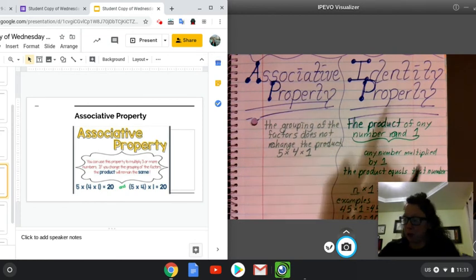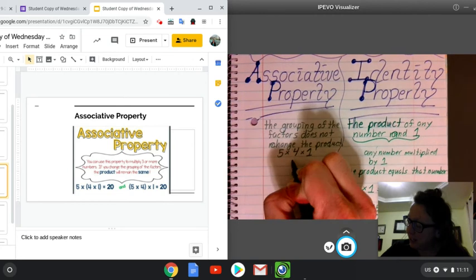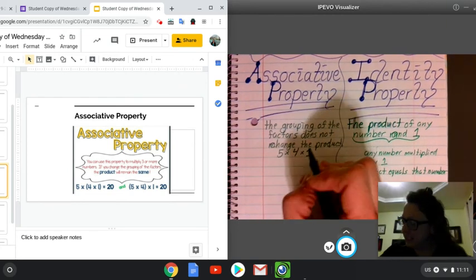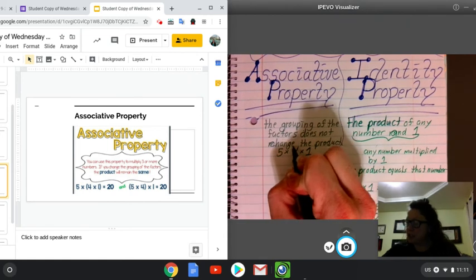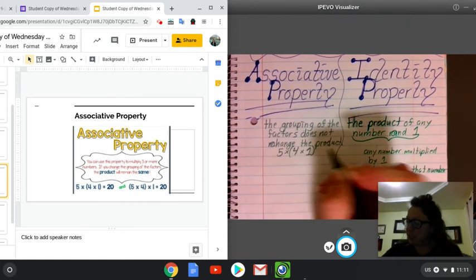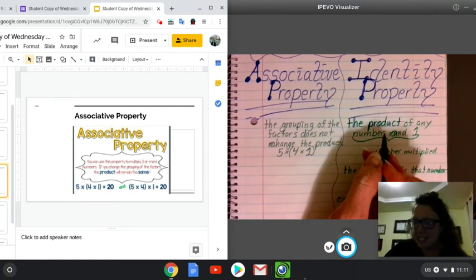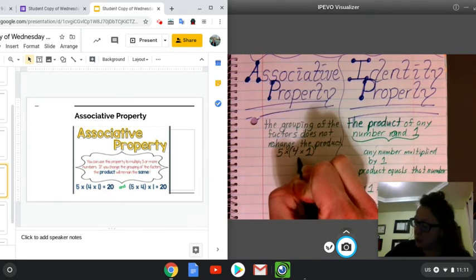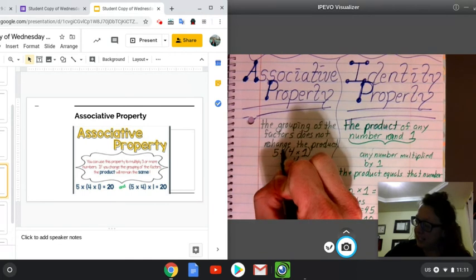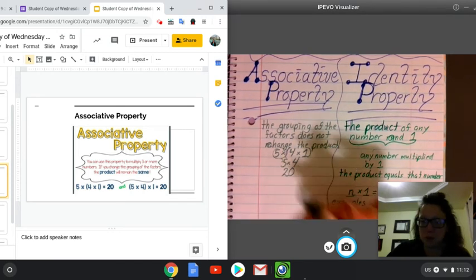The first grouping that they use is to say, okay, in order to solve this, I can first group 4 times 1. And I know that 4 times 1, because of the identity property, 1 times any number is that number. So 4 times 1 equals 4. And then I just need to pull this right here, and 5 times 4 equals 20.